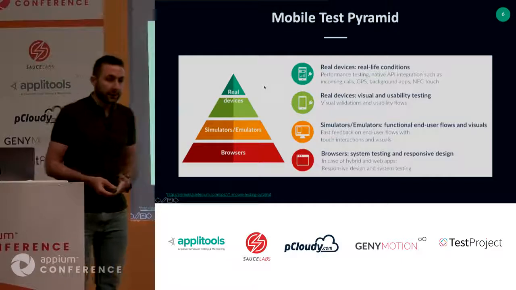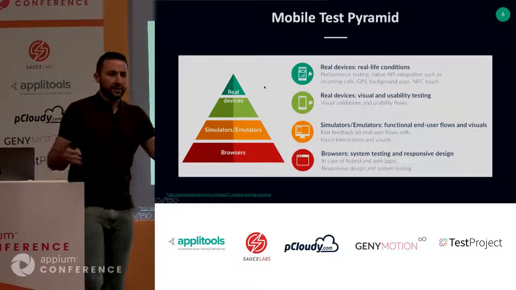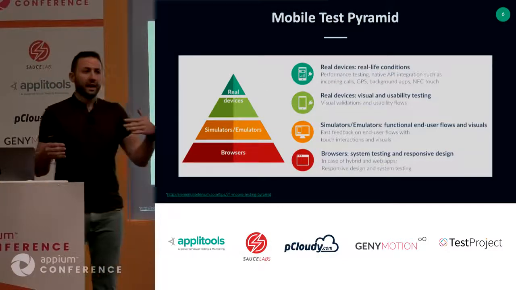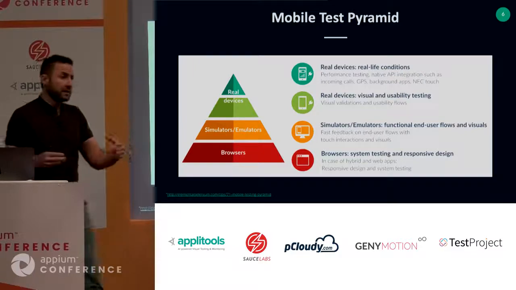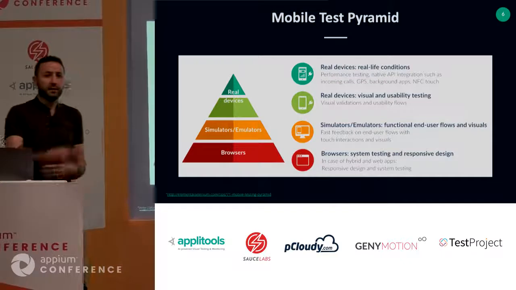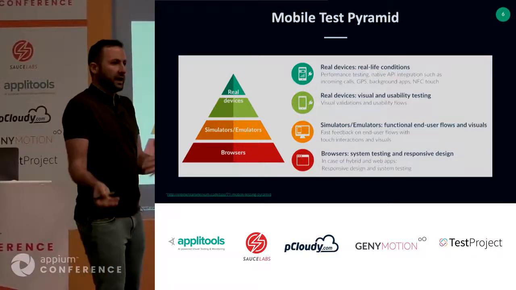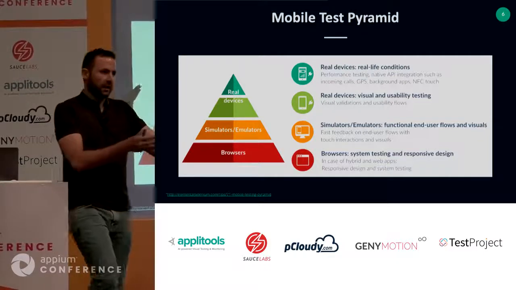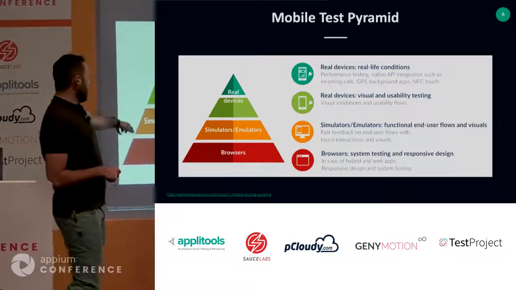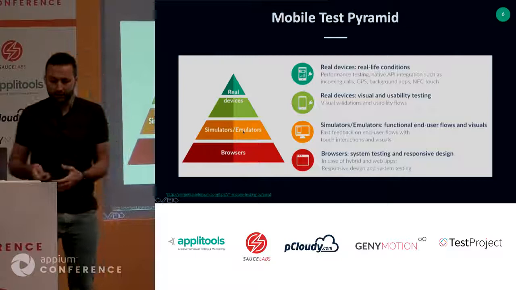This is also about shifting left: the earlier we find the bugs, the cheaper they are. So if we have tests on the simulators and we are running them continuously and more frequently, we'll catch the bugs more on the left part. So today we will talk about this part, about the simulators and the emulators, and how we can organize this part.